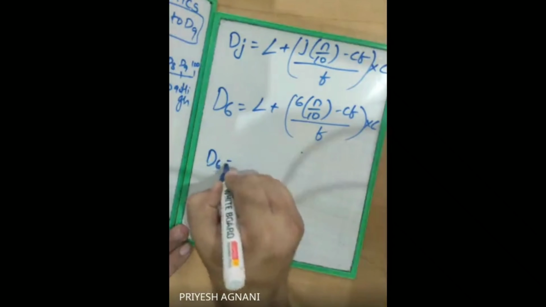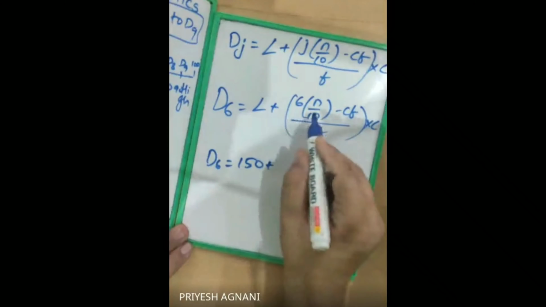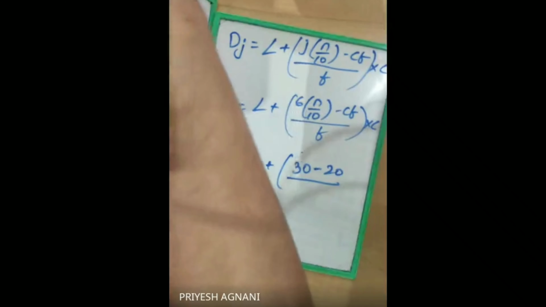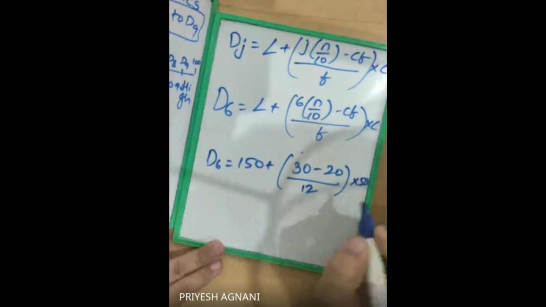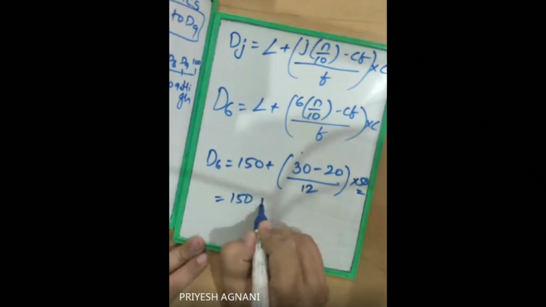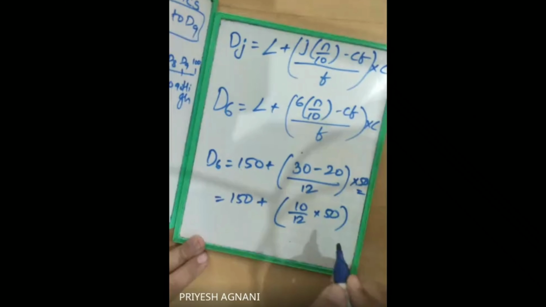So D6 is equal to 150 plus 30 minus 20 upon the frequency that we got, 12, multiplied by 50. Because class length is 50, the gap is 50. 150 plus 10 upon 12 multiplied by 50.